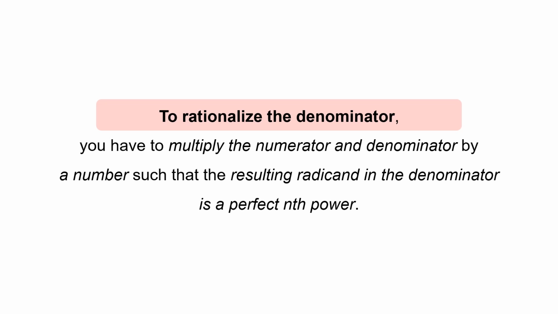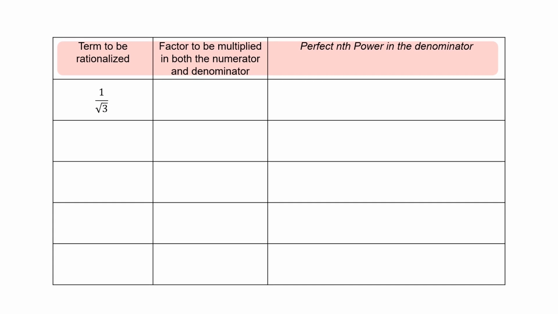Para mas mabilis natin maunawaan ang tinutukoy ng statement na ito, let us have the following examples. Suppose we have 1 over the square root of 3. At dahil radical ang kanyang denominator, kailangan natin na i-rationalize ang fraction na ito. So, paanong paraan? Yung statement natin kanina.